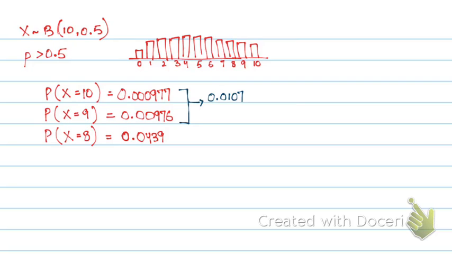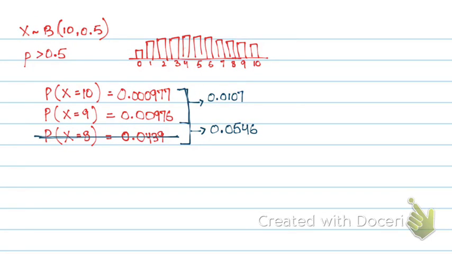So let's see if I can get as close to 5% without tipping over. I'll add the 8th probability as well, and this sum turns out to be 0.0546. So I am above my significance level of 0.05. This means that X equals 8 will not be part of my critical region.